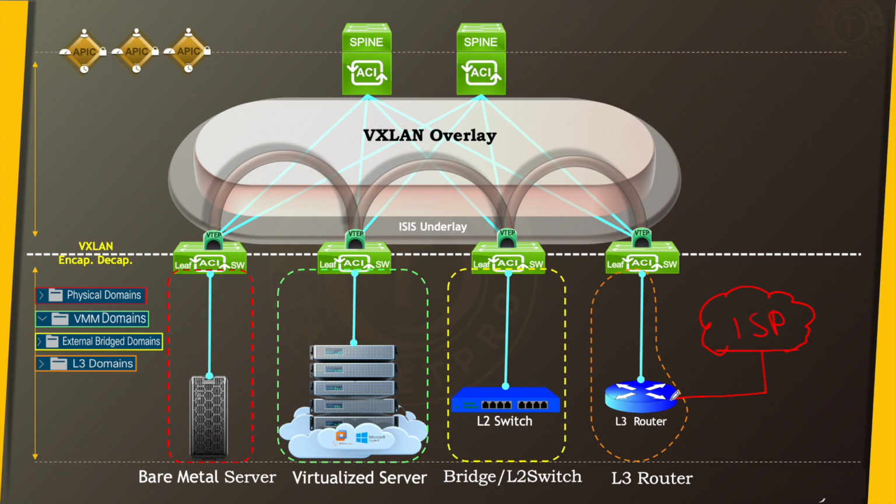In that case, a router is needed for L3 out to communicate with the outside world, or the rest of the world. Or if you want to communicate with your own other data center, which is physically located in a different location, in that case also the L3 out is required, right? So whenever we connect any L3 device like a router, we configure an L3 domain where we connect the L3 devices.